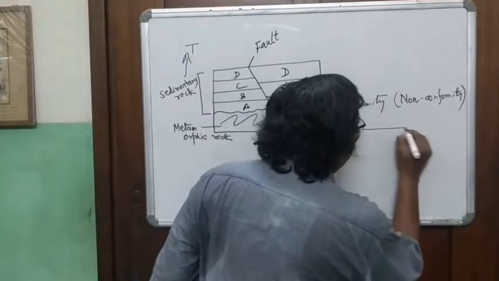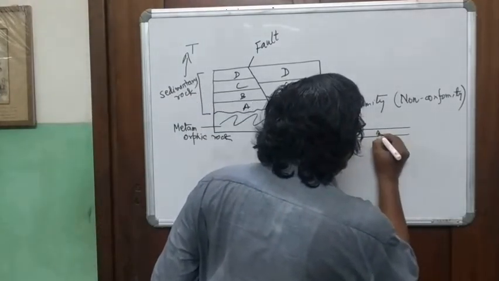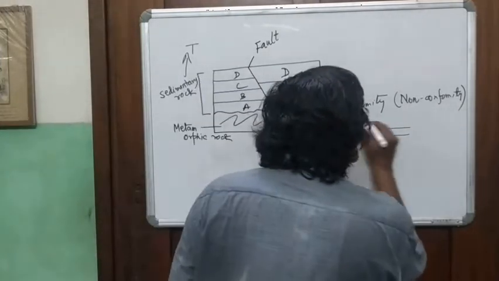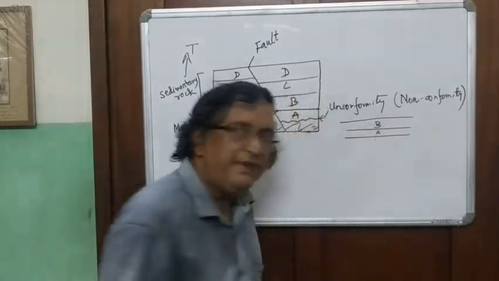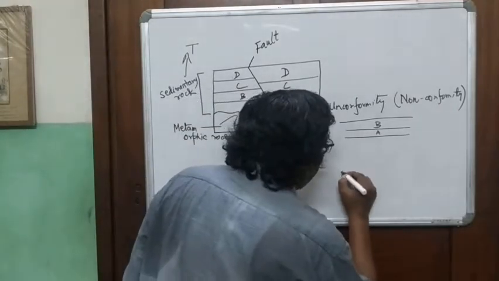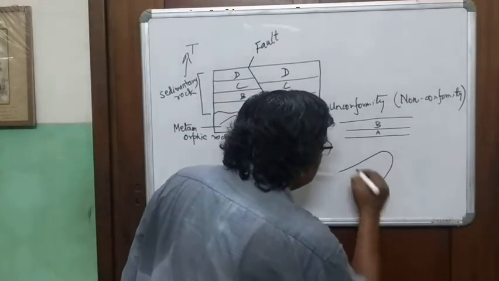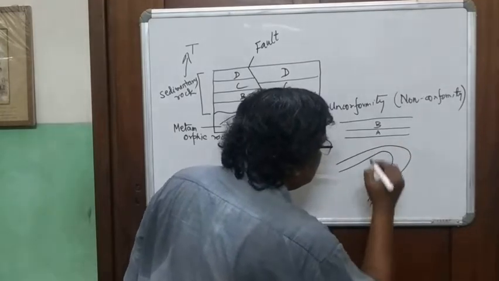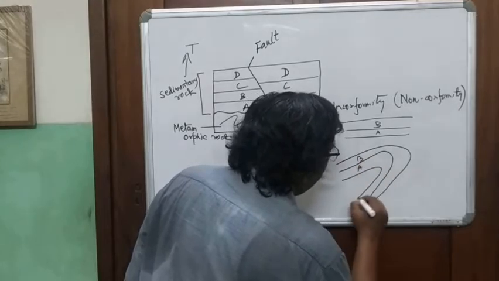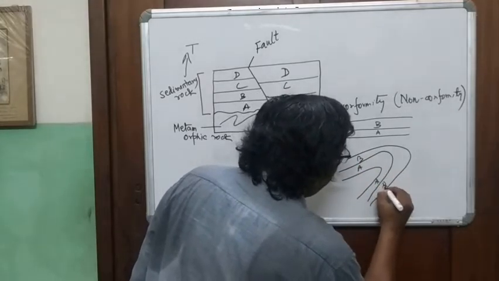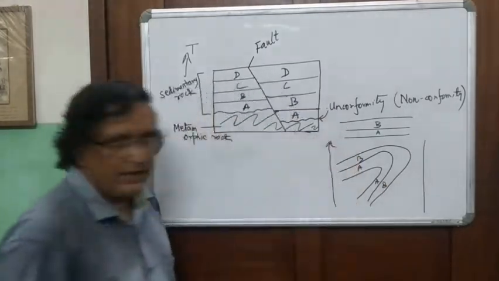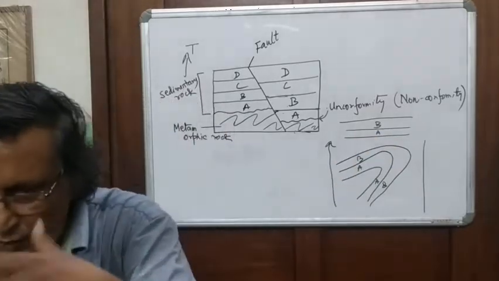Say for example, there is a layer A and B. Somehow I know that A is older than B. This is A and this is B. This is a section. Now, I fold it. That means, remember, folding, bending of rocks.